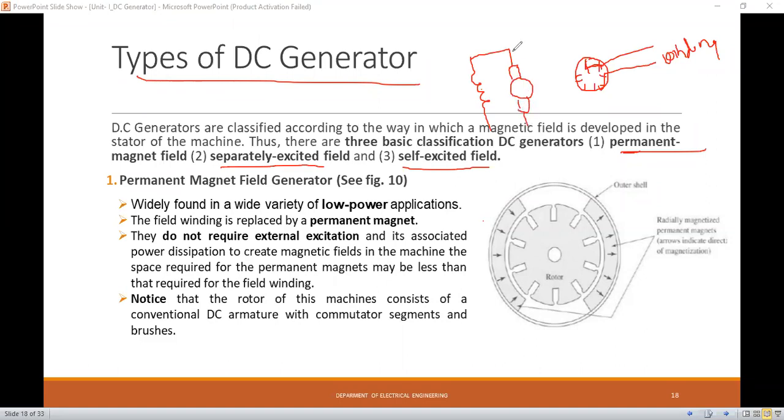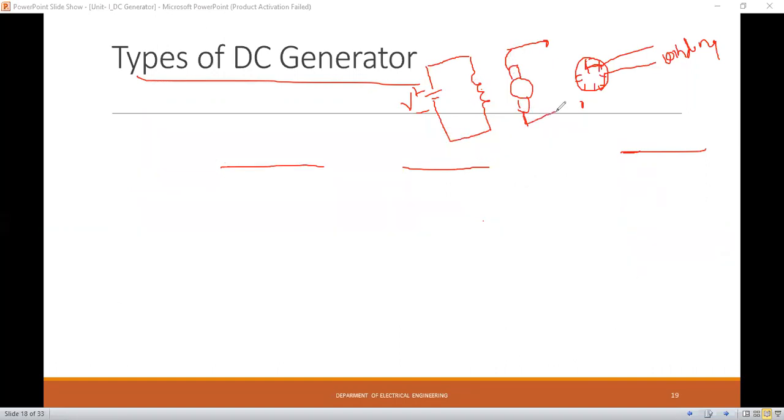This is the supply provided to the machine. Now see here, I am using an external DC supply, positive to negative, a battery voltage. It is provided to the field winding, and the armature can be excited.